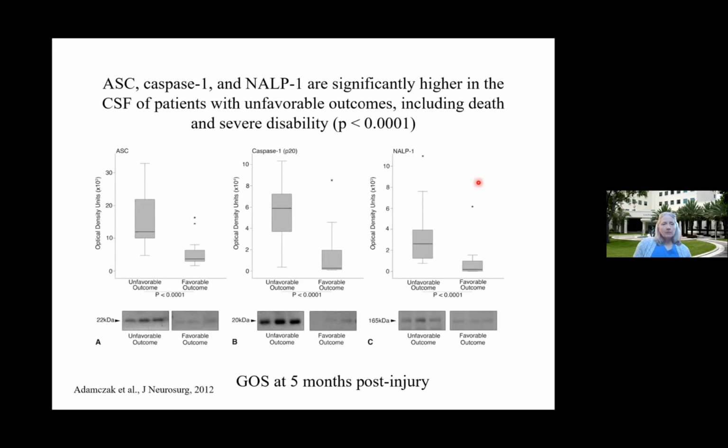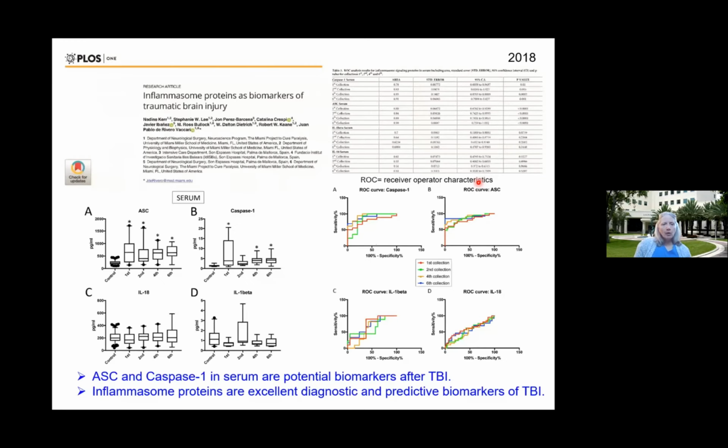Dr. Kerr also did some biomarker work in TBI as well, and this was serum that was taken from TBI patients. On the first and second sampling was done on day 1 post-injury, and fourth and sixth samples were taken on day 2. Again, showing ASC and caspase-1 in the serum are potential biomarkers after TBI.